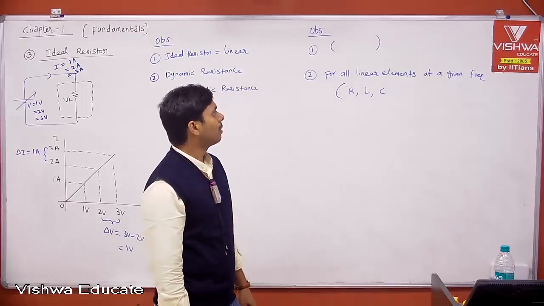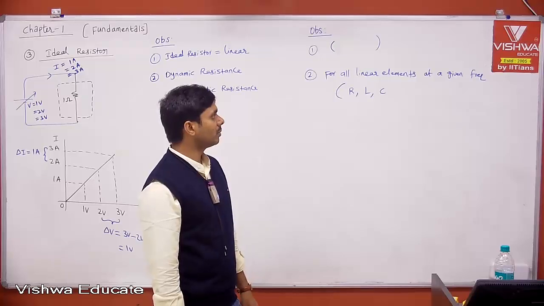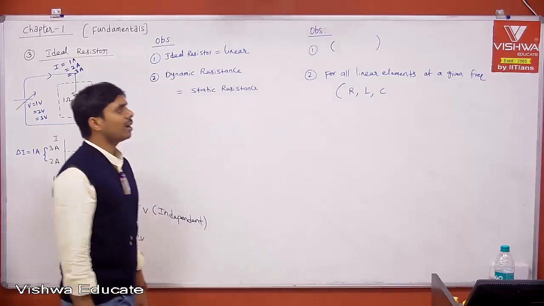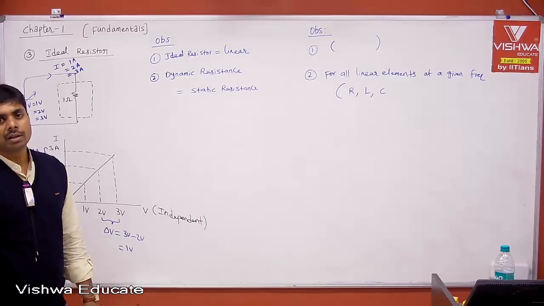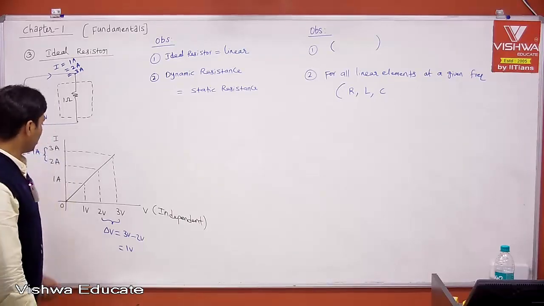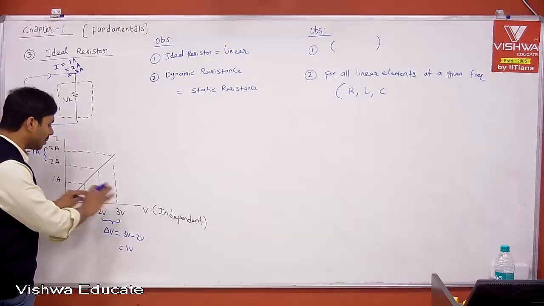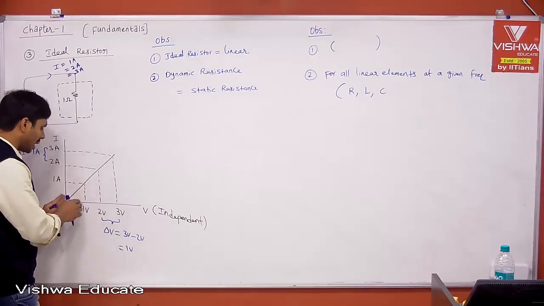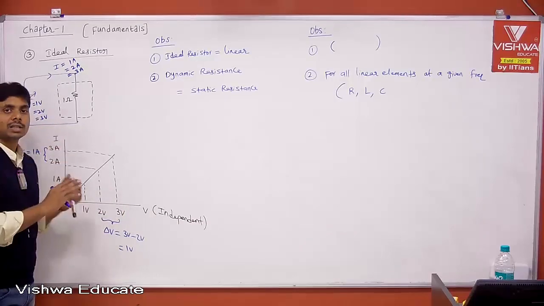Why am I specifying the frequency? Frequency is indirectly the time with which the voltage or the current is changing. When the voltage changes from 1 to 2 in a given time, the time is fixed, so in a fixed time I am changing the voltage, and then what is the change in the current and the steady state current.